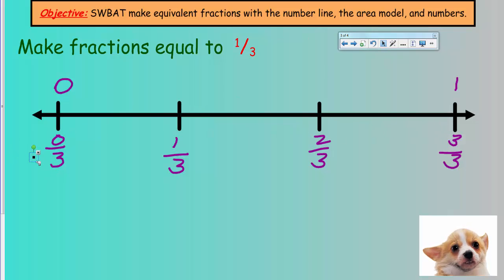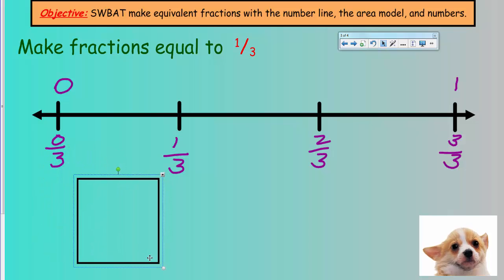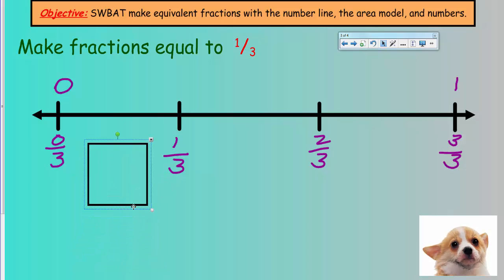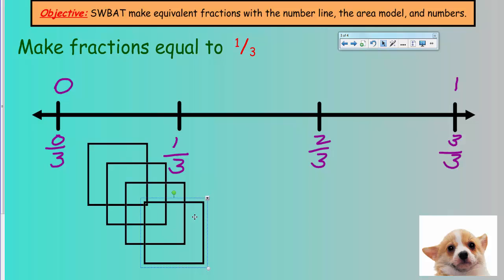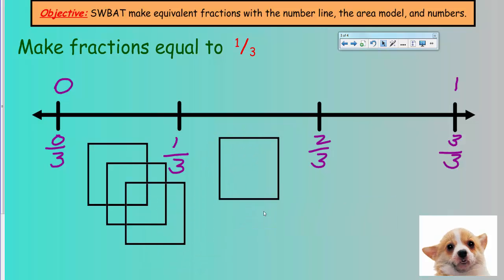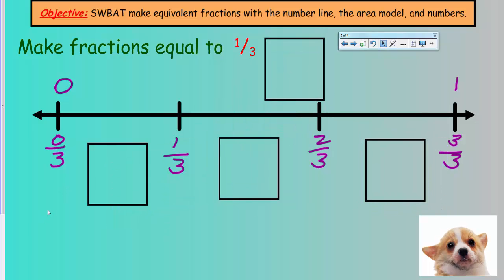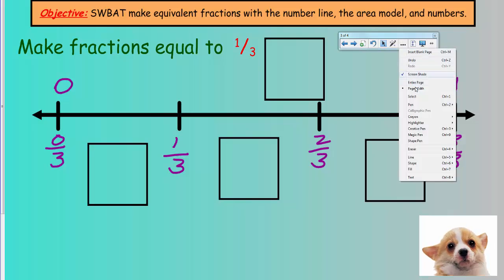So again, we could represent this as our area model. Okay, here's our whole. And basically what we want to do is make it a little bit smaller. Try to put these in between. And then I'm going to need a couple of these because we want to show some equivalent fractions. Okay, and we'll put you up here for the time being. So here we want to go ahead and represent 1/3, is what it's asking us to do.